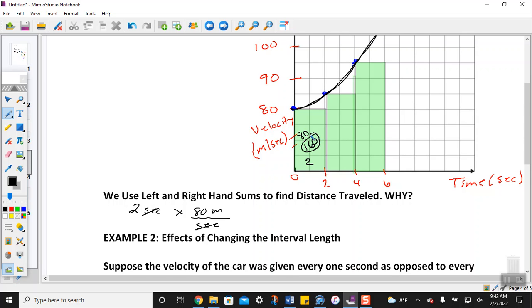And so guys, in that first 2-second interval, I have a question. Is that 160 gonna be an overestimate or an underestimate for distance traveled? Because we didn't account for this little part right here, this little triangular shaped part, right? Okay, next question here. How much time is elapsed from 2 to 4? We're gonna take 2 times, what's the height right here?